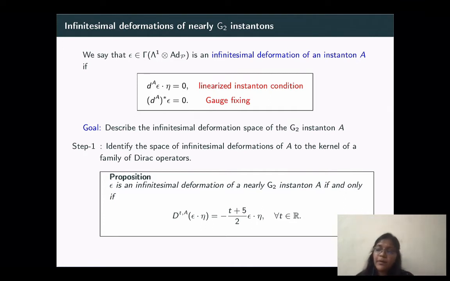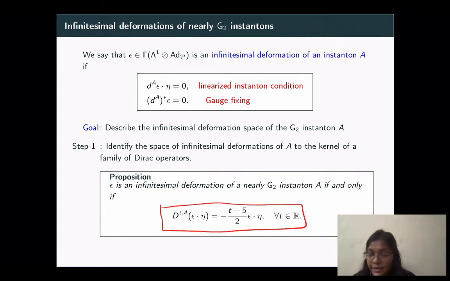If you remember, I defined this family of Dirac operators D^A_t, the Dirac operators associated to nabla^t and the G2 instanton A on S⊗E. We can prove that if epsilon is an infinitesimal deformation of the nearly G2 instanton A, then it must satisfy this eigenvalue condition for every t.